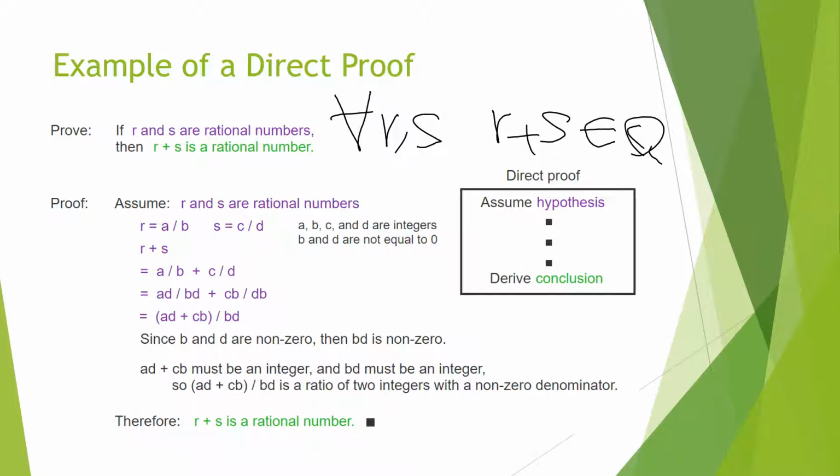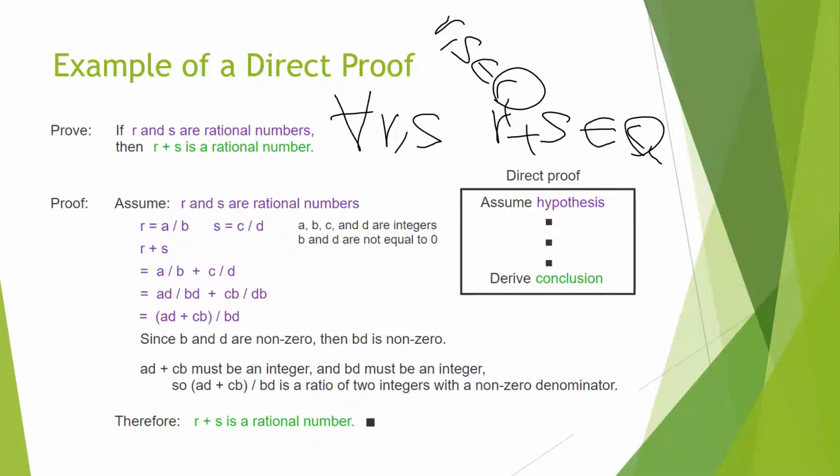So r and s are in Q. This is the domain of this universal statement. So if we know that r and s are in Q, the question is to prove that for every r and s, r plus s is in Q. The assumption is r and s are rational numbers. The conclusion is to prove that r plus s is also rational.